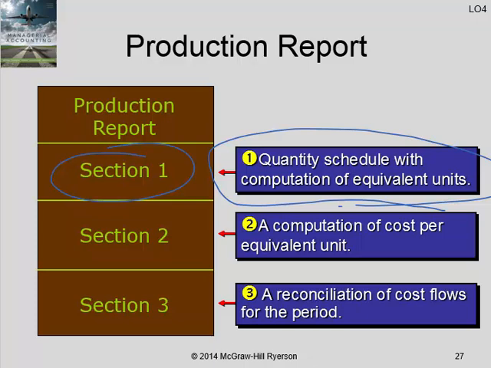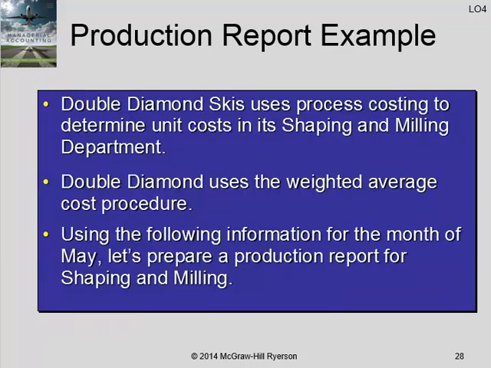The second section, now that we've calculated the equivalent units, we then do some math to come up with the cost per equivalent unit of our production. So we've got, we'll use an example here, the Double Diamond Ski Company. They have 2 departments, shaping and milling, and oh, I guess that's 1 department.